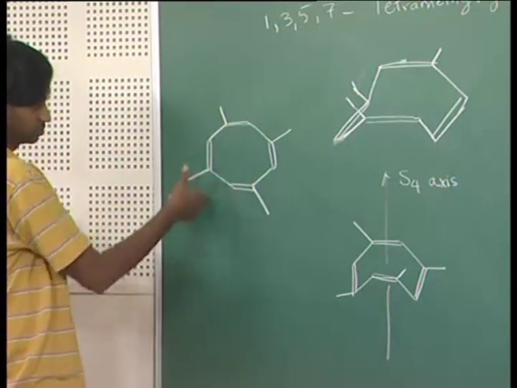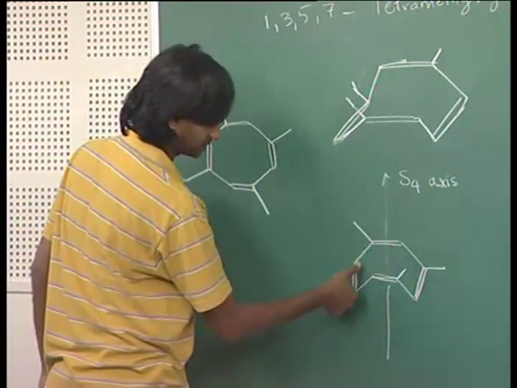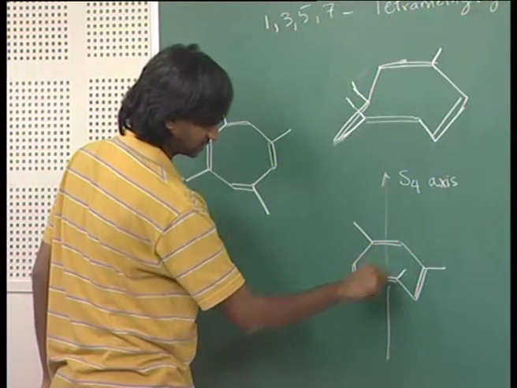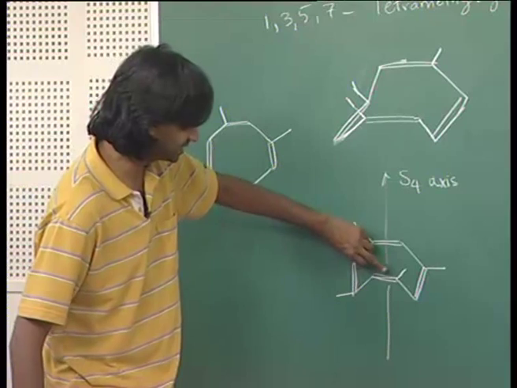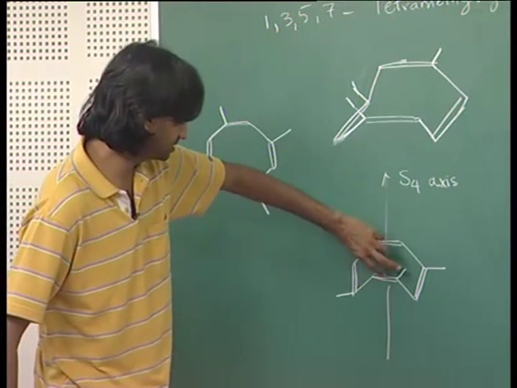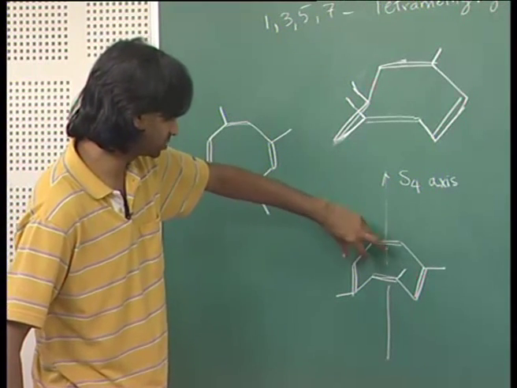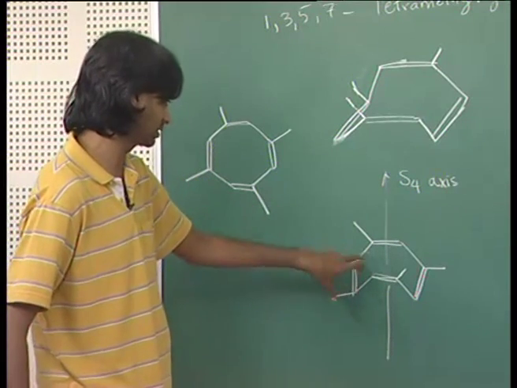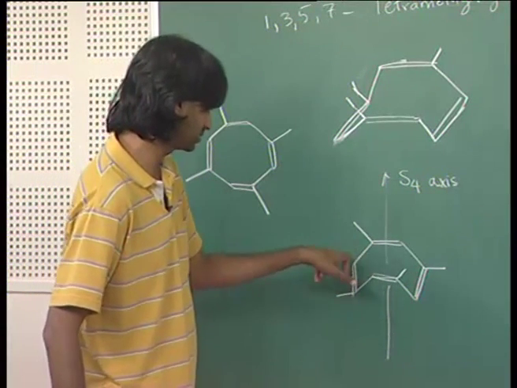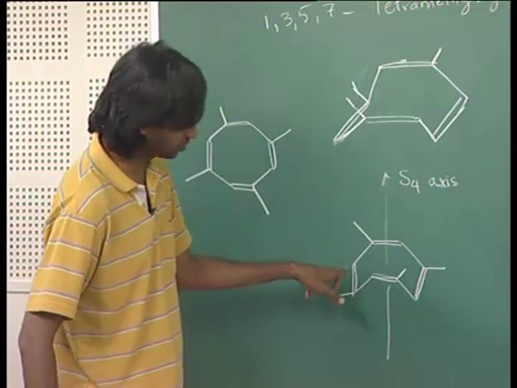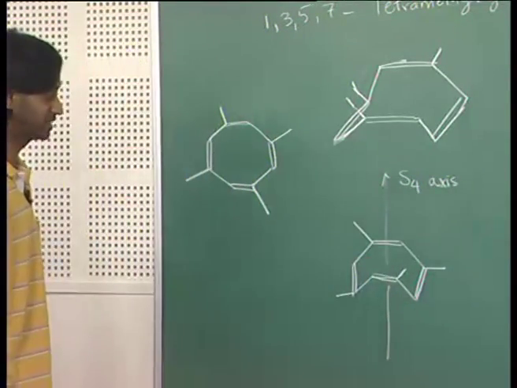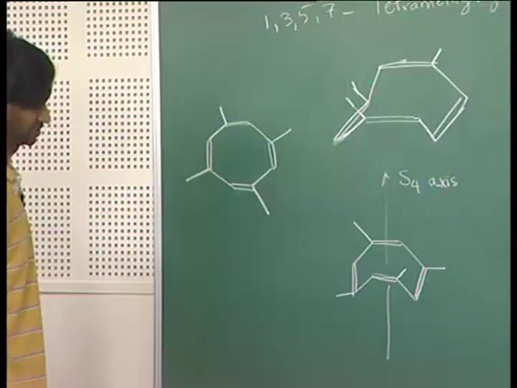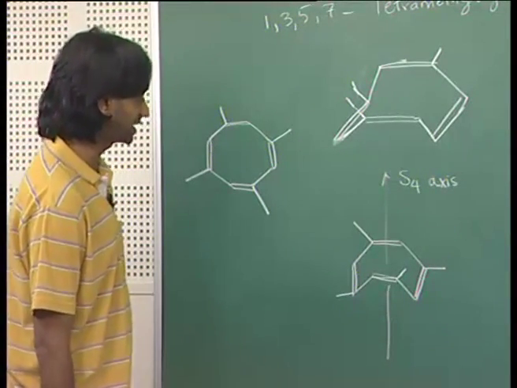So, you imagine that you rotate it by 90 degrees, then this will face sideways. Okay. So, then what has happened is that your double bonds appear in the opposite places. So, when you reflect it, then you will find that the double bonds appear in the right place and the methyls are pointing in the right directions. So, this is an S4 axis.